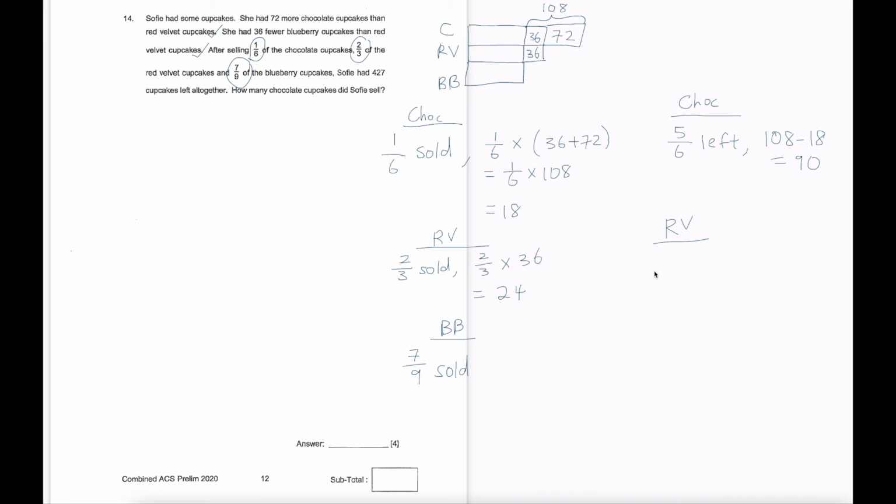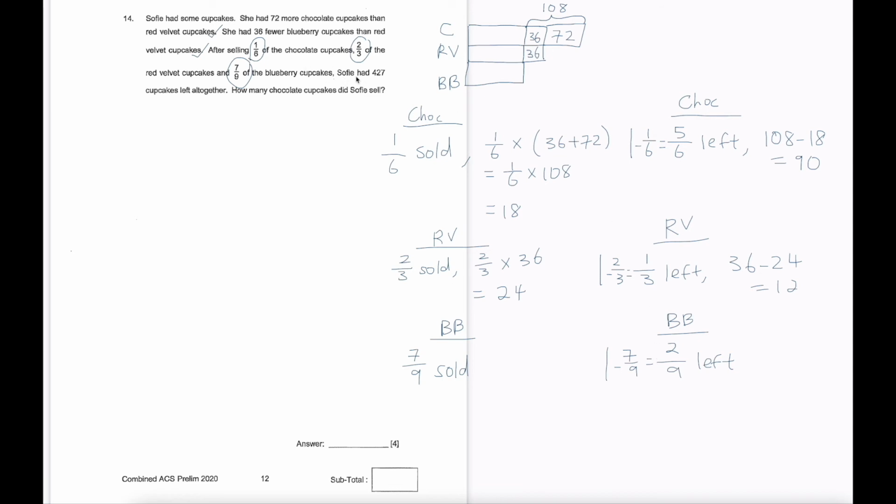So it is 1/3 left, and 36 minus 24, which is 12. So for blueberry, it's just 2/9 left. Okay, so how I get all these 5/6, 1/3, 2/9 is I take 1 whole minus 1/6. Okay, 1 whole minus 2/3. Basically 1 whole minus away how much is sold.